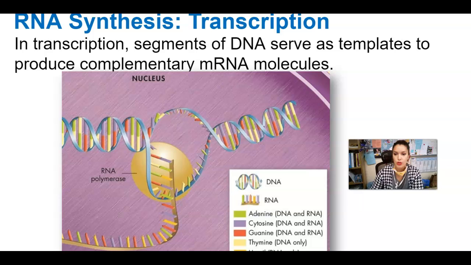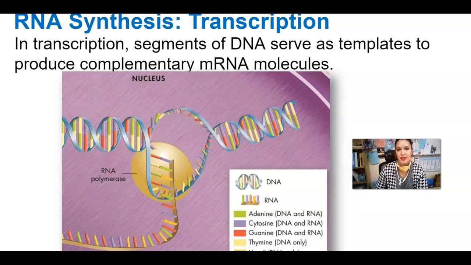Okay, so RNA synthesis is also called transcription. So we start with transcription, then move to translation. Transcription is when segments of DNA serve as templates to produce complementary mRNA molecules. So we use RNA polymerase in order to make that RNA strand.